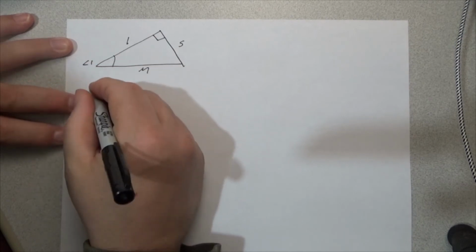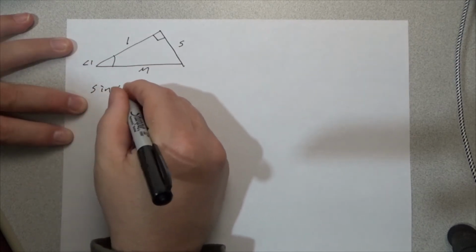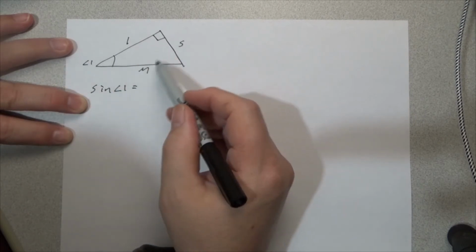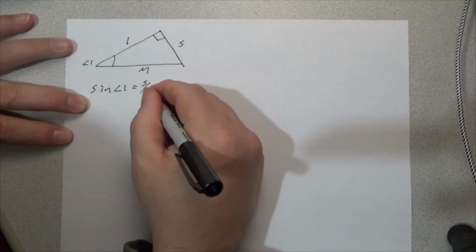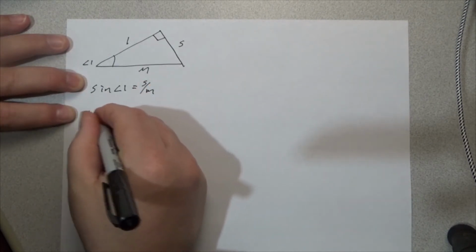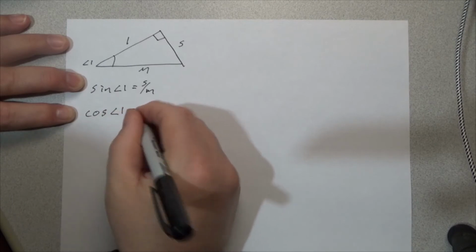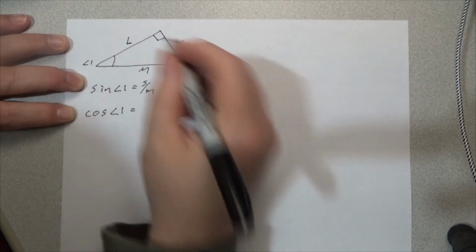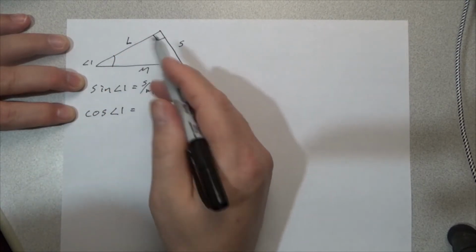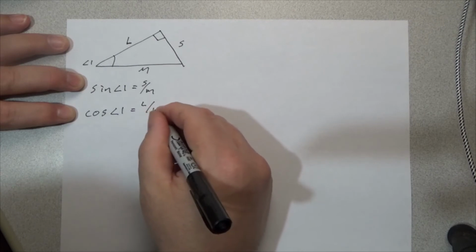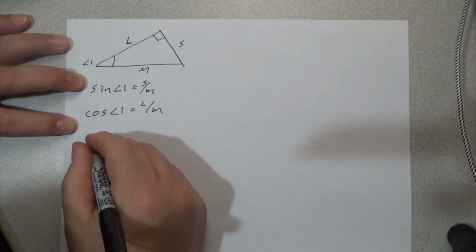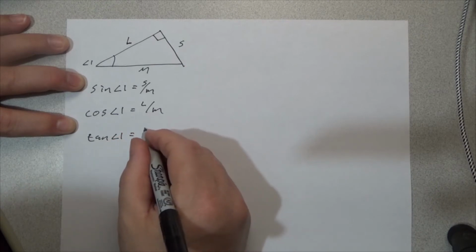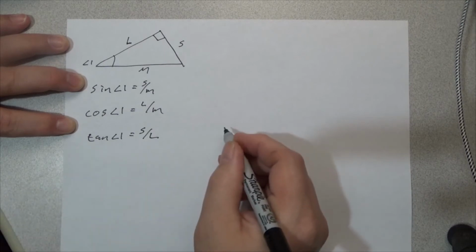So the sine of angle 1 is equal to S over M. The cosine of angle 1 is equal to L over M. And the tangent of angle 1 will be equal to S over L.